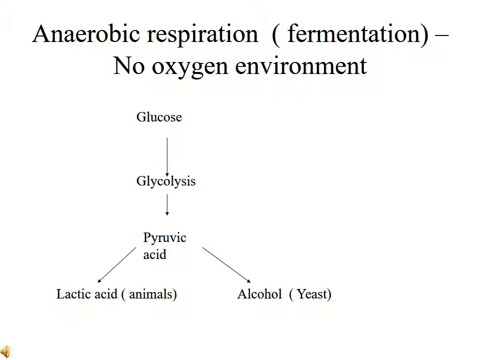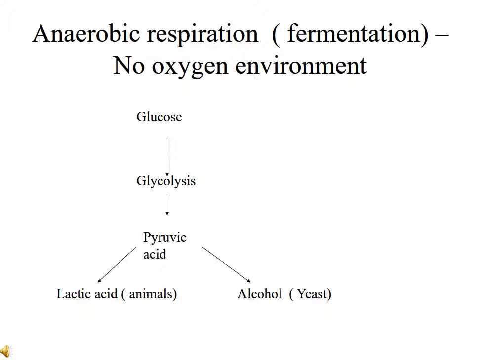If the pyruvic acid cannot be driven into the Krebs cycle, an alternative pathway occurs and lactic acid is produced. Lactic acid is produced in the muscle, producing the various cramps and pains. Of course, if the organism stops and allows the oxygen to come back into equilibrium, then the pyruvic acid can continue into the process that we discussed before, and this anaerobic respiration stops occurring.